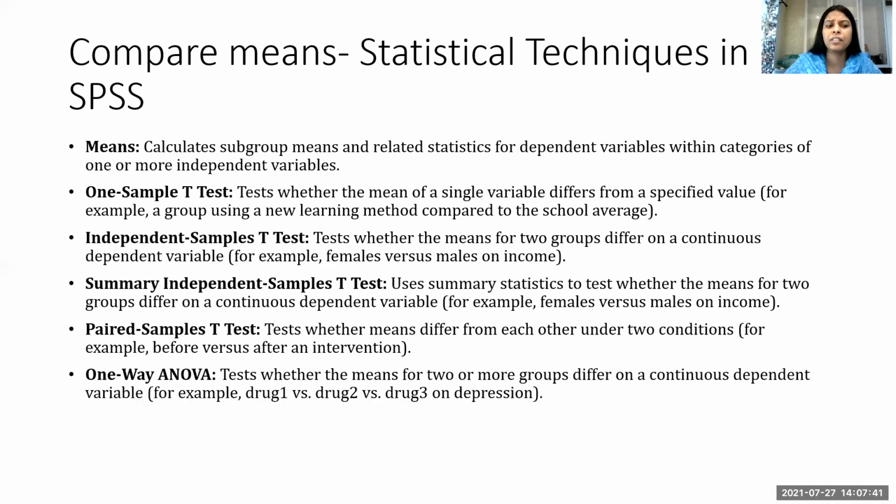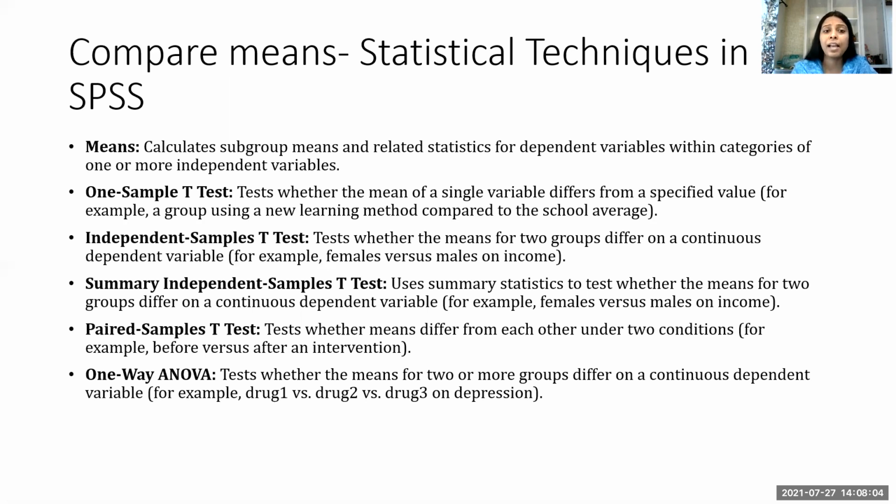And the last one is your one-way ANOVA. This particular test will test whether the means of two or more groups differ on a continuous dependent variable. One-way ANOVA is mostly used when your independent variable, which is categorical in nature, has more than two groups.